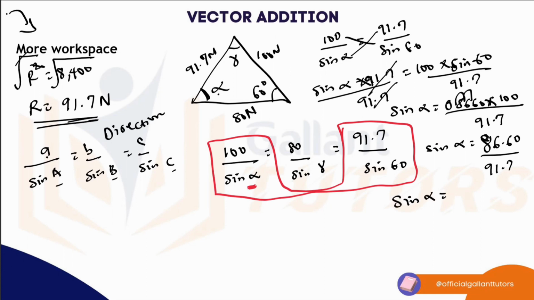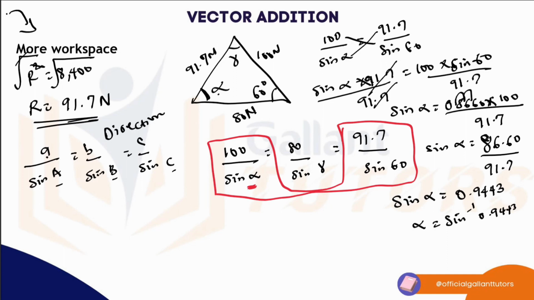So sine alpha is equal to 86.60 divided by 91.7, so we're getting 0.9443. To get our alpha, which is the direction, what are we to do? Just divide both sides by sine, which will give you sine inverse of 0.9443. Is that clear? Good.